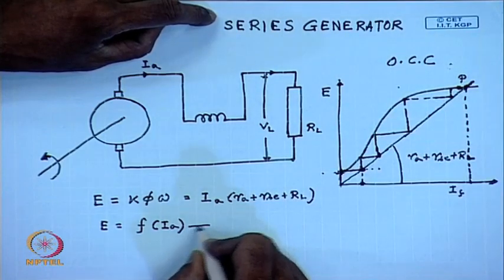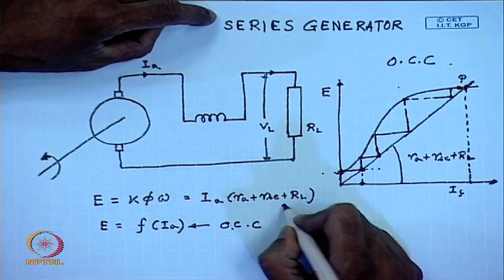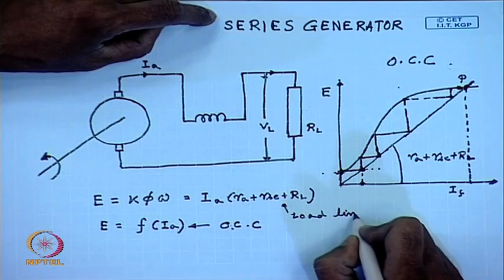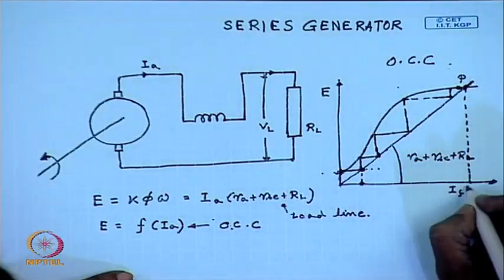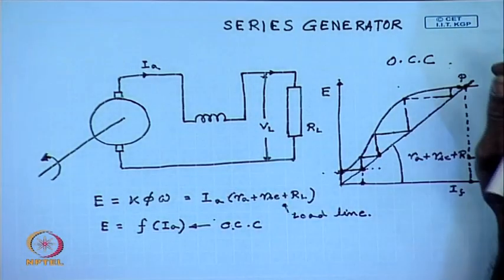This is the OCC and this is the load line. So, the intersection of these two will give the operating point.